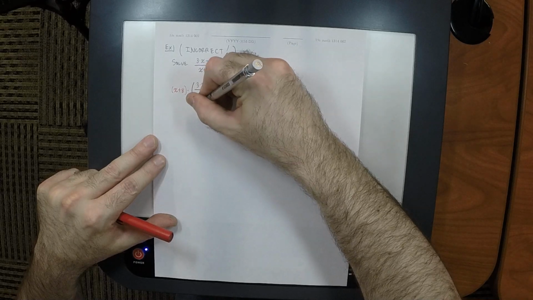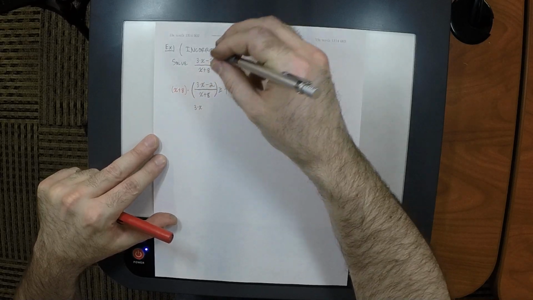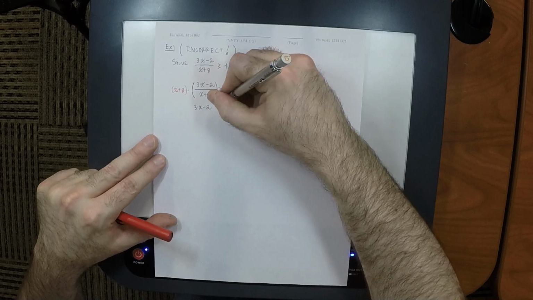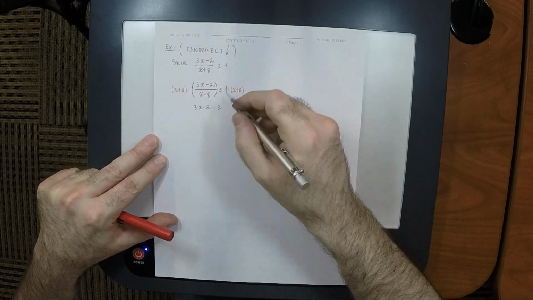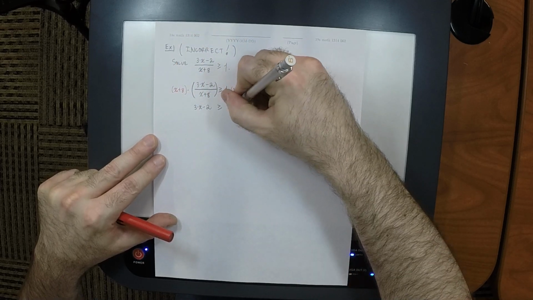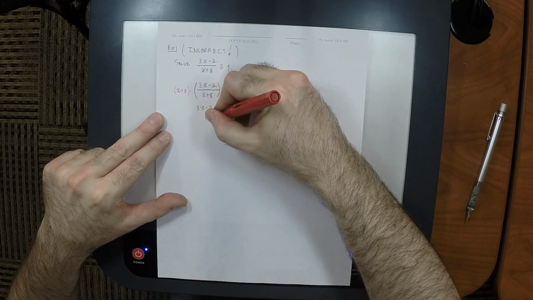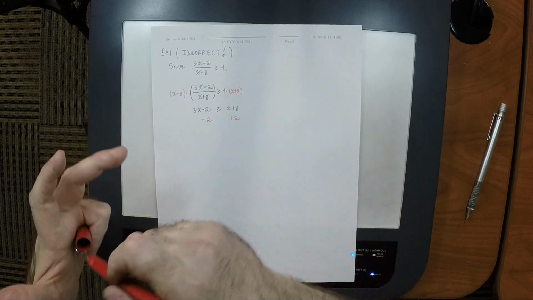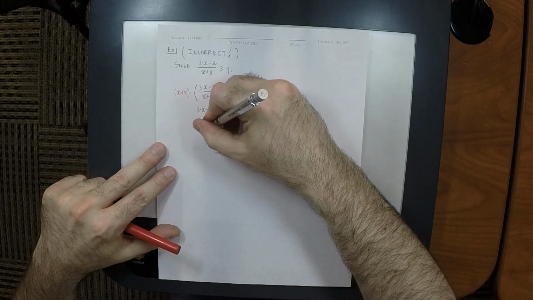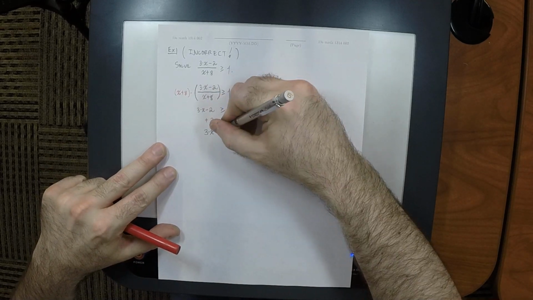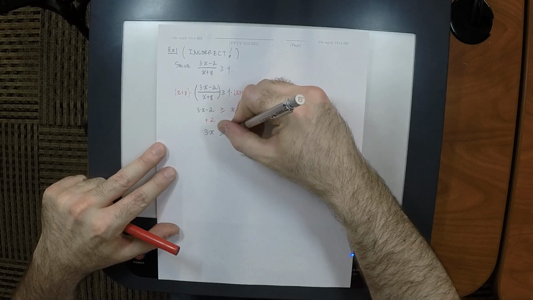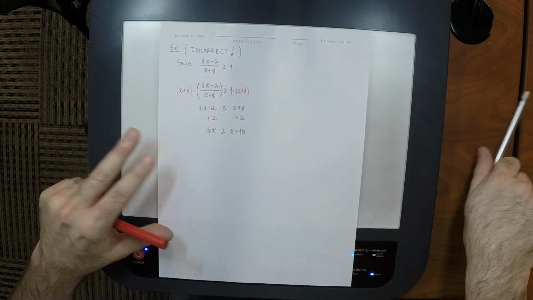So then you get 3x minus 2 is greater than or equal to, and the x plus 8's cancel, so this is just x plus 8. And then now I'll add 2 to both sides. 3x is greater than or equal to x plus 10.